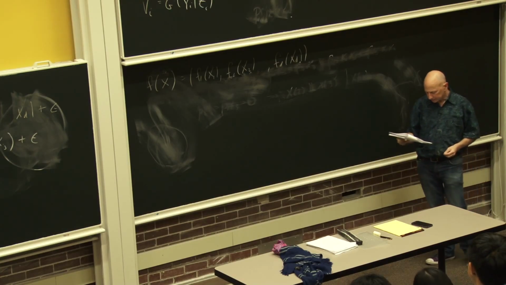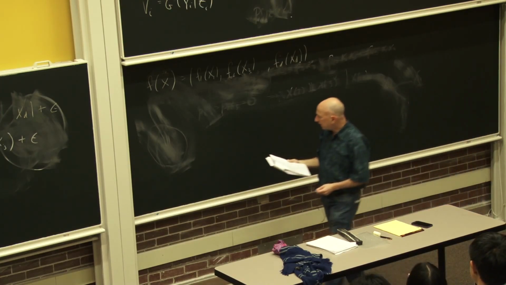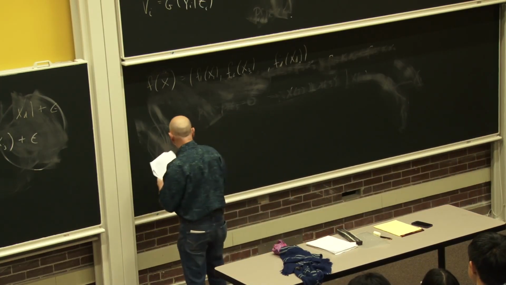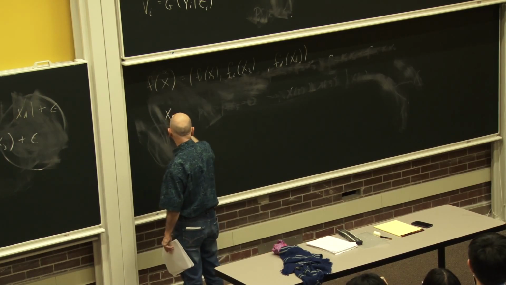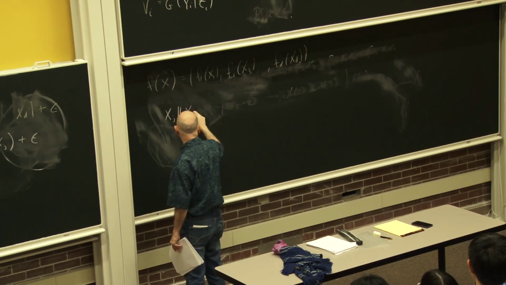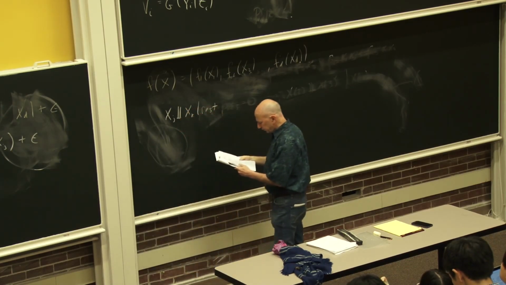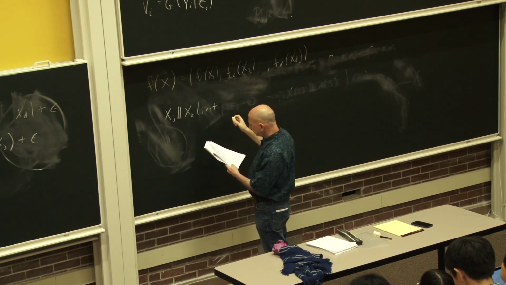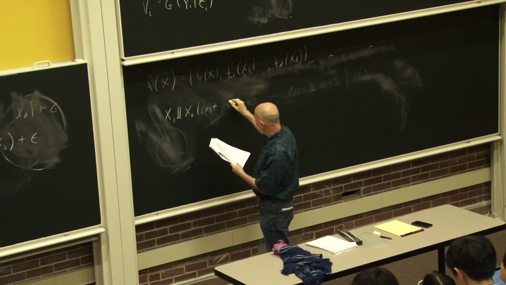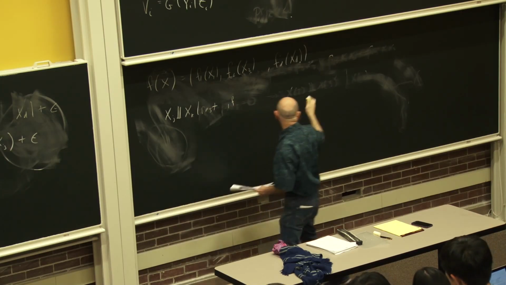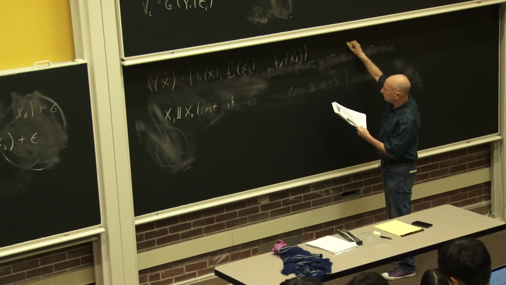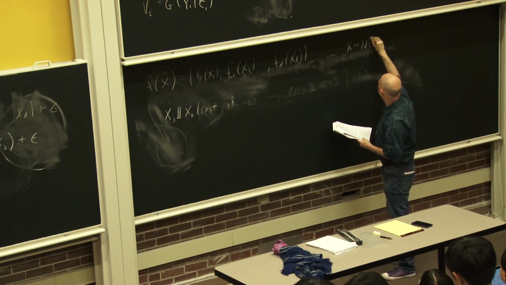And the interesting thing is that xj given xk is independent given the rest if and only if, I forgot to say what the notation was here. So we're going to write this as non-paranormal.